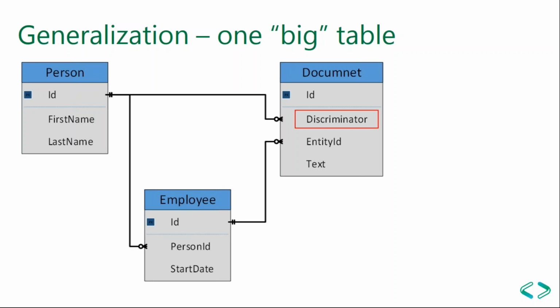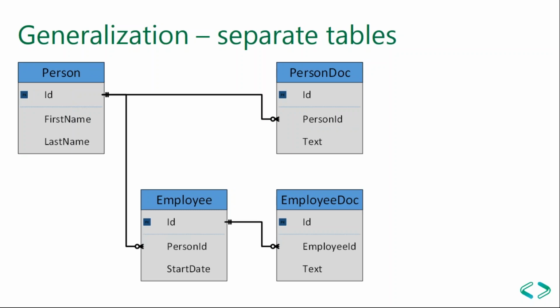In this case, we need to implement some kind of discriminator so that we understand that this document belongs to the person or to the employee. Another case is when you have separate tables for each entity.